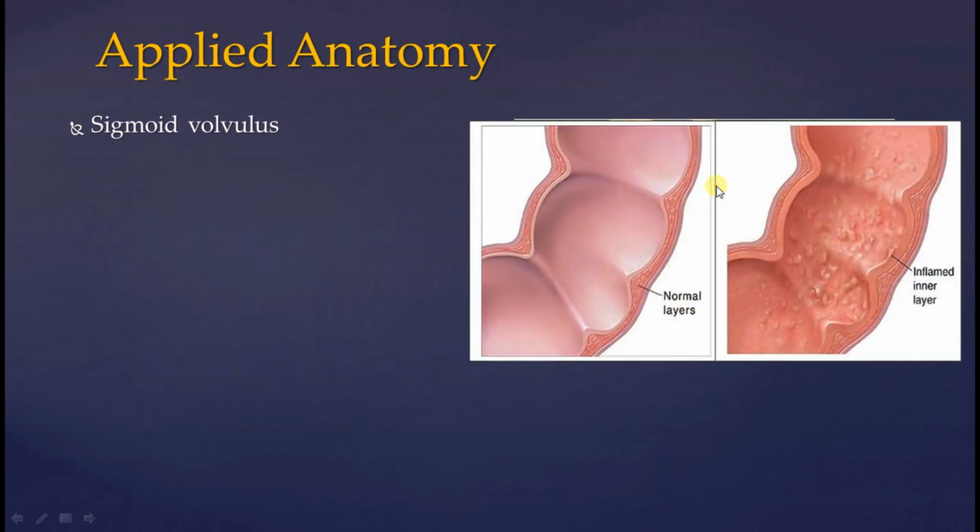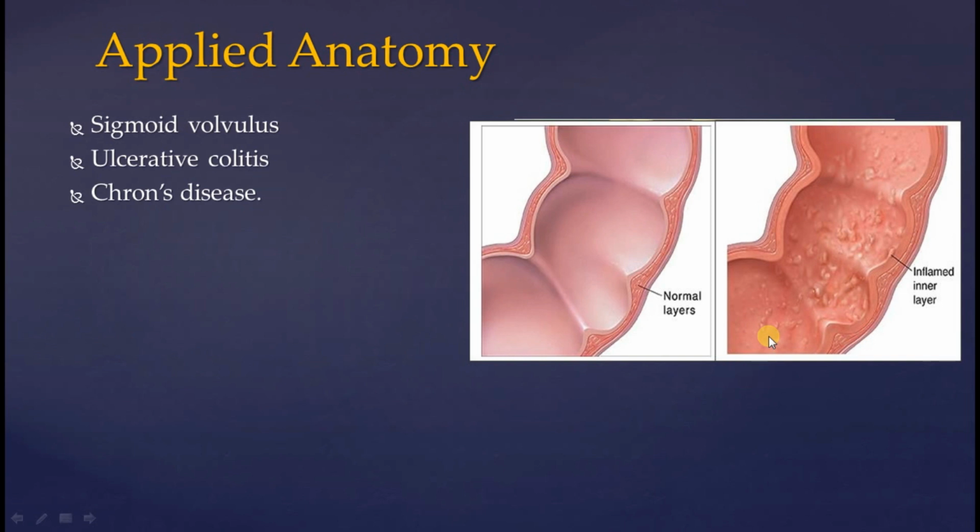This is inflammatory bowel disease, ulcerative colitis or Crohn's disease. You see ulcerations throughout the length of the large intestine. The exact cause is not known, and there is no established cure, so only the symptoms can be relieved.